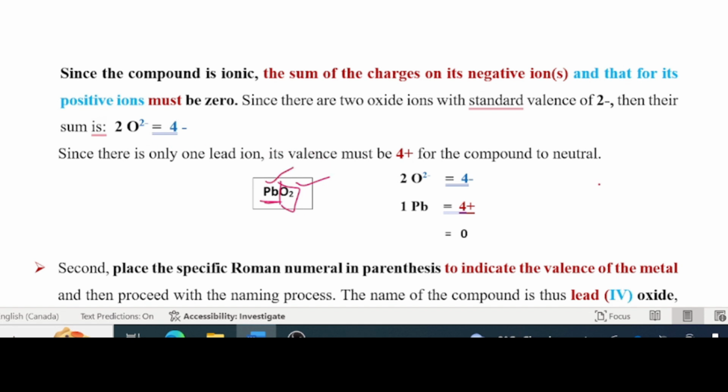Now we have 2 oxygen ions, and each of them is -2. Therefore, you'll have a total of 4 negative. Now to balance off this lead, it must be 4 positive, so that when you add these together, you end up with 0. And that is how you deduce the valence on the metal ion here.